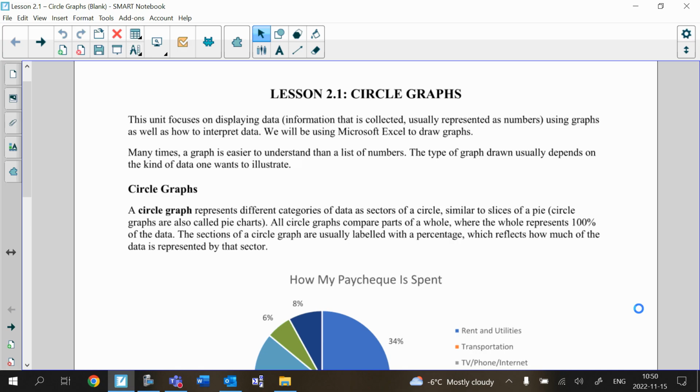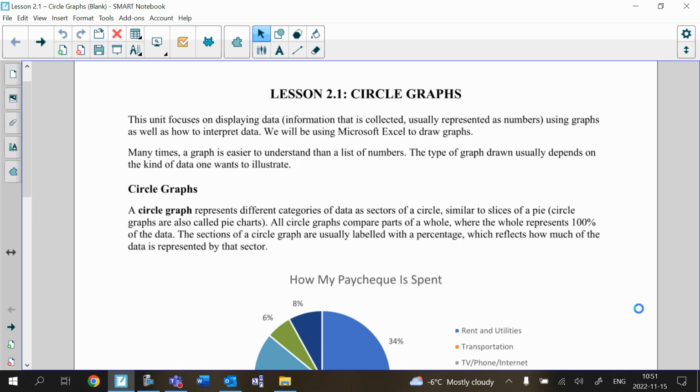For example, what's the average income for all adults in the city of Winnipeg? There's a question we could answer. What percent do you spend your paycheck on every time you get a paycheck? All sorts of questions you can ask.